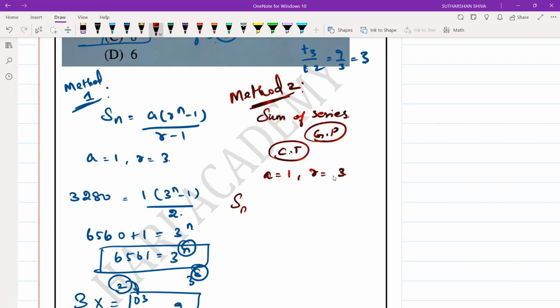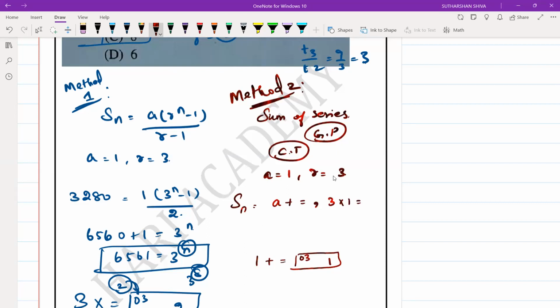Do what I say. Whenever it is a series, take a calculator. Press 1 plus equal to, 1 plus equal to. What will it show in the calculator? In the corner, it will show the count and then it will show 1. Correct? Now, what is the R value? 3. Press 3 into 1 equal to.